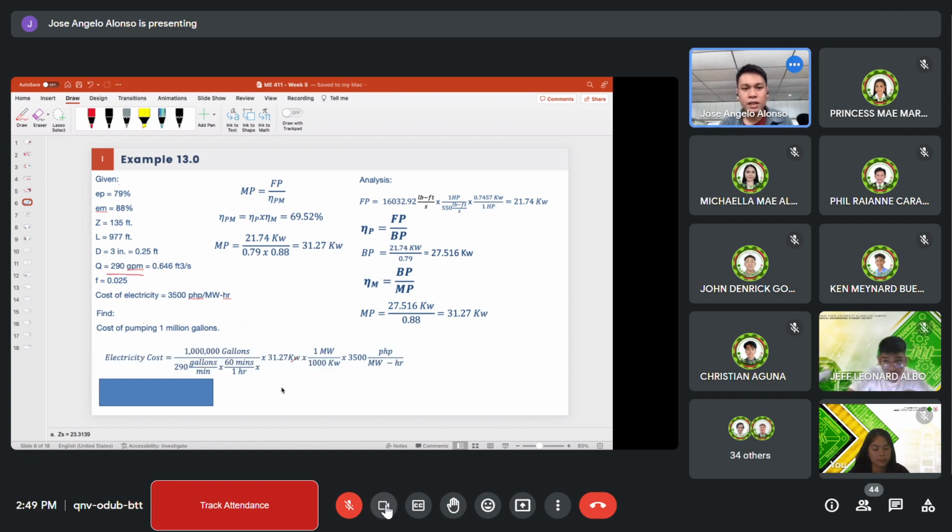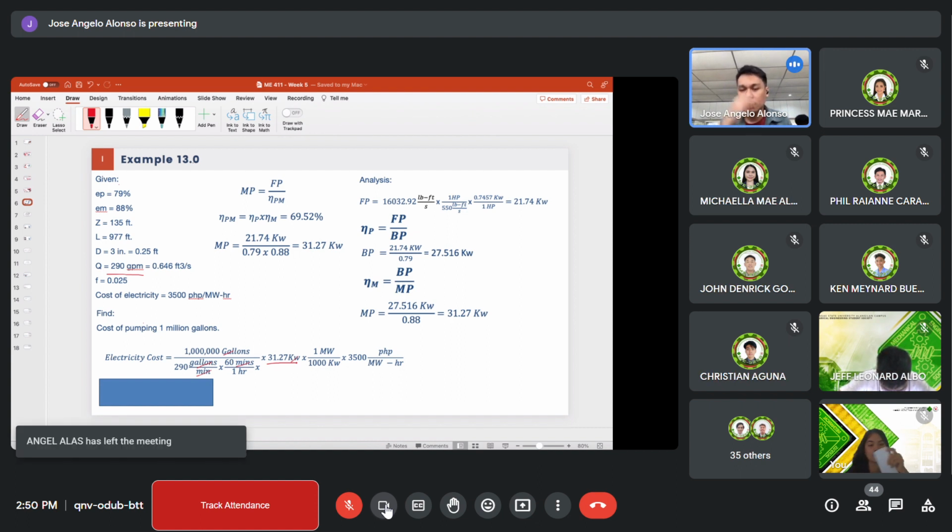Okay, so as I said, let's divide 1 million gallons by the capacity of our pump, which is 290 gallons per minute. Then, let's convert those minutes, since we get minutes here, to hours. Then multiply that by the motor power, which is 31.27 kilowatts. Since our cost of electricity is in pesos per megawatt hour, let's first convert kilowatts into megawatt hour.